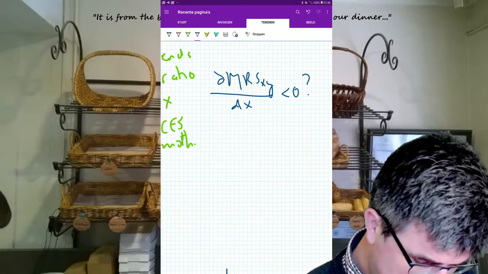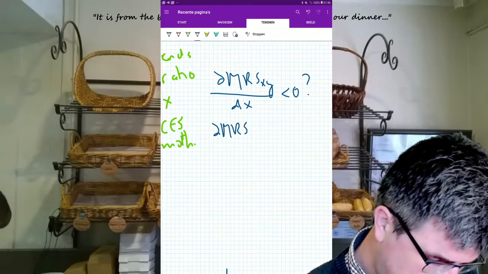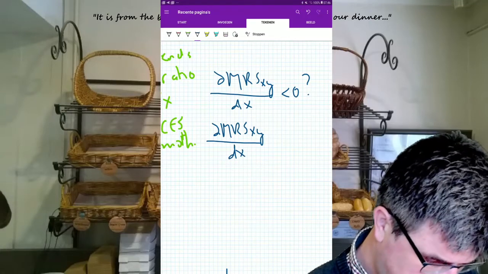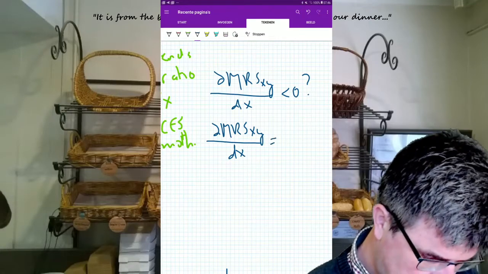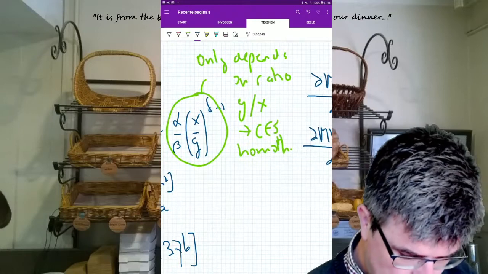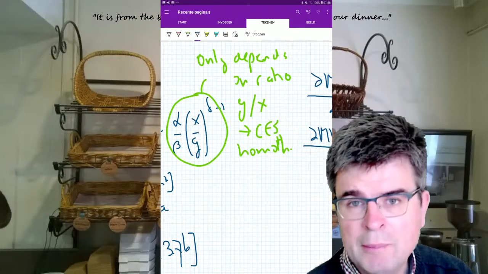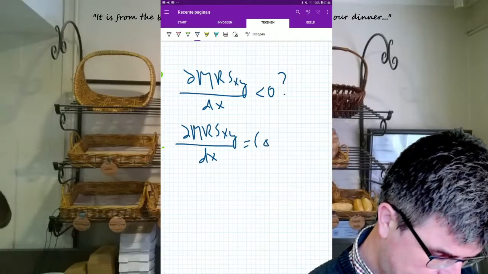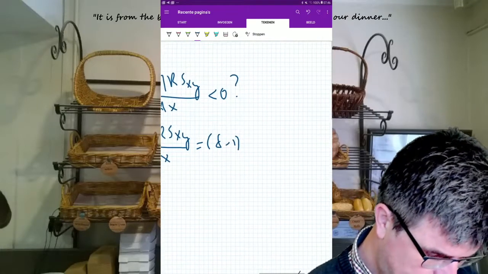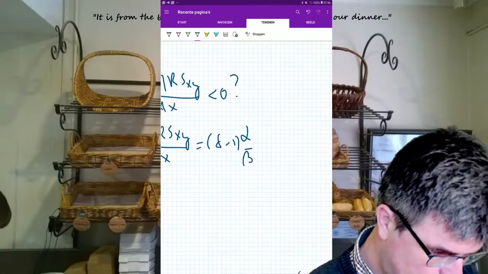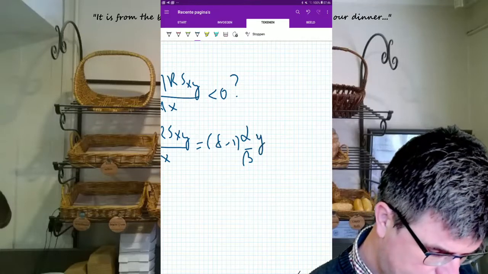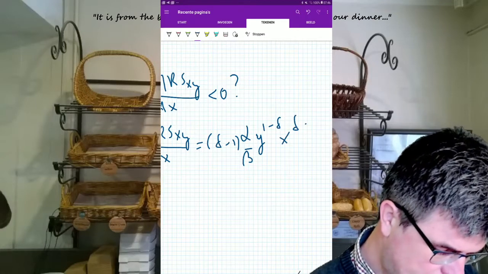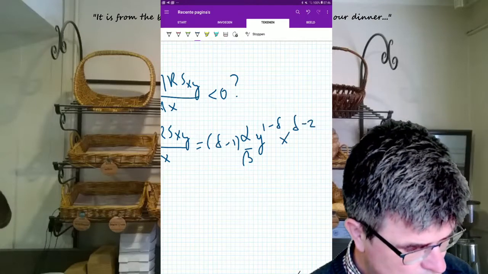Now, if we take this derivative, then we have the delta minus 1 in front of the equation. So we have delta minus 1, then the alpha over beta, y to the power 1 minus delta, and x to the power delta minus 2.